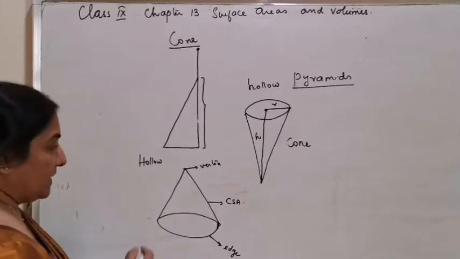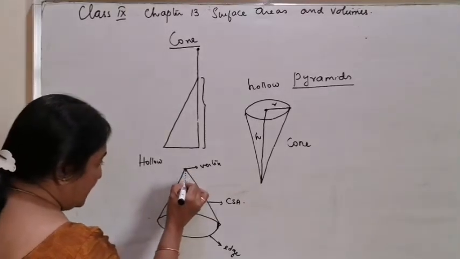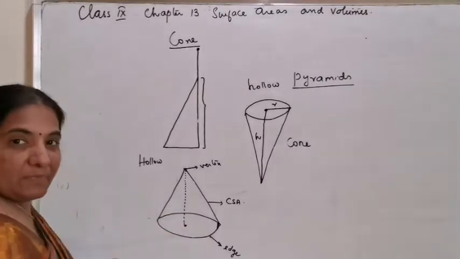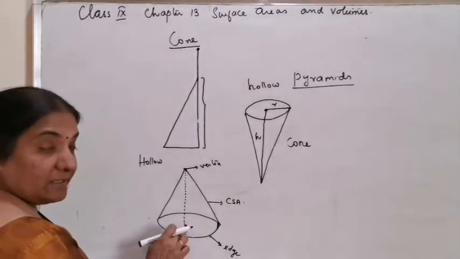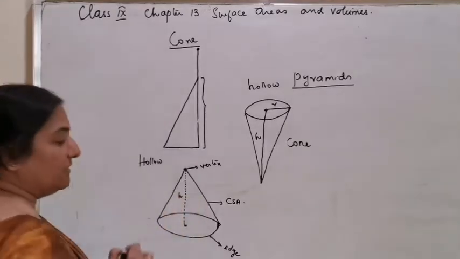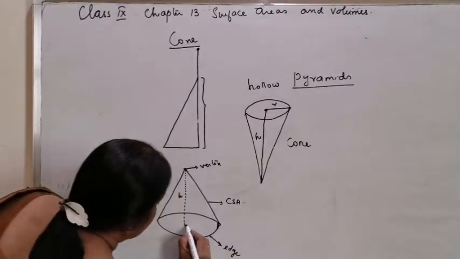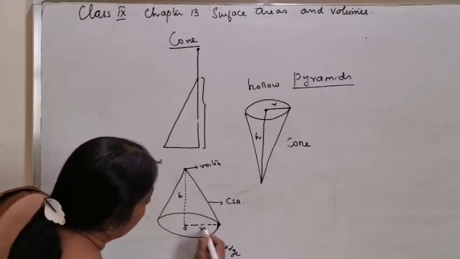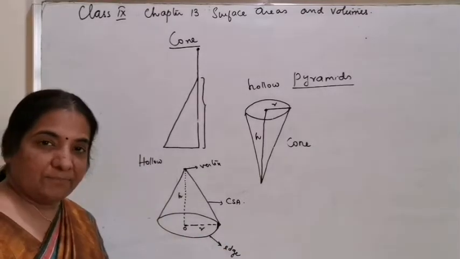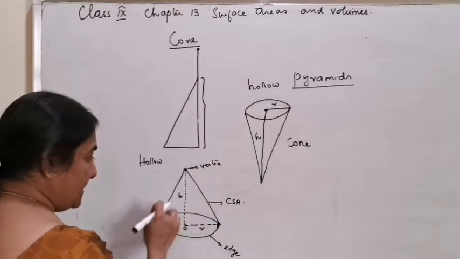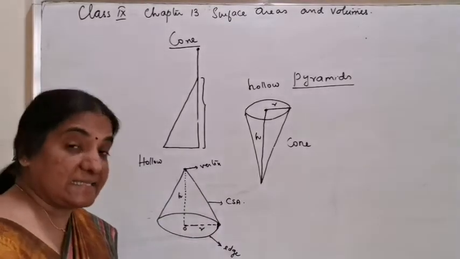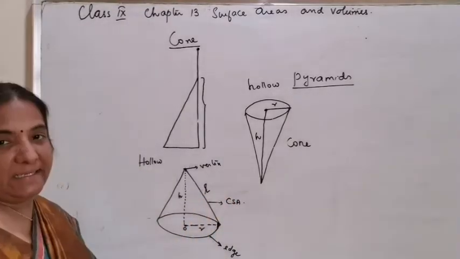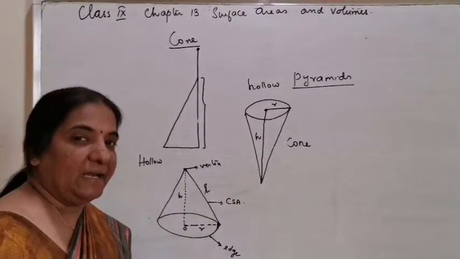And now the height of the cone will be from the vertex to the center here. It's a perpendicular height. From the center here towards this edge is the radius, and you can see the cone is always resting on another height called the slant height, represented by L.